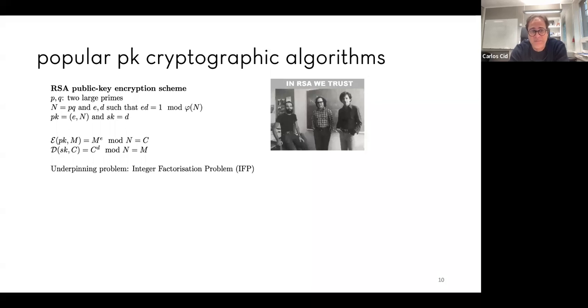For example, RSA, which is based on a very simple design, is explained there. The idea here is that the encryption is based on an exponentiation modulo a product of two large primes, which are secret, and then you derive your public key and your private key, which are essentially the exponents. So the security here is based on the integer factorization problem.